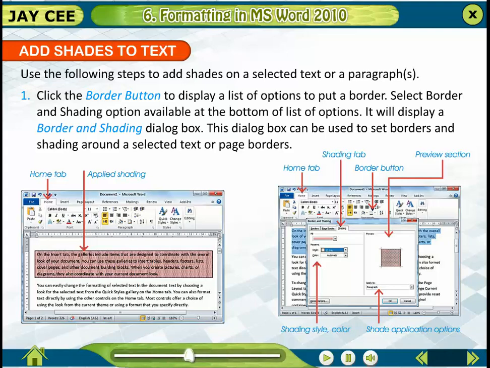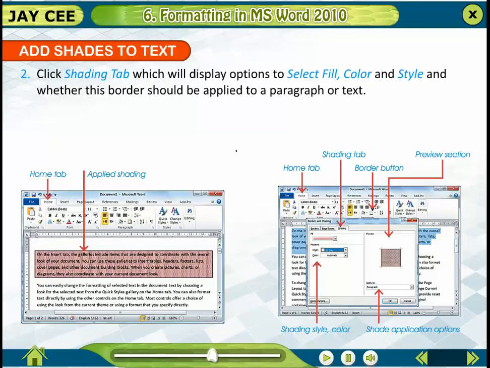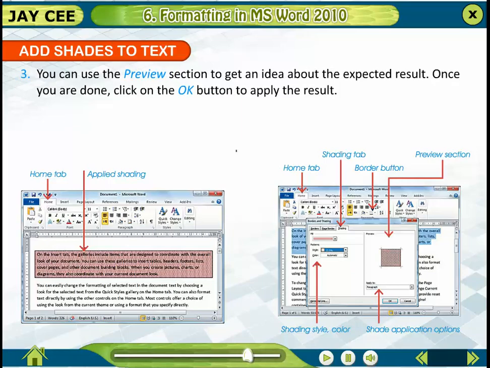This dialog box can be used to set borders and shading around a selected text or page borders. Click Shading tab, which will display options to select fill, color, and style, and whether this border should be applied to a paragraph or text. You can use the preview section to get an idea about the expected result. Once you are done, click on the OK button to apply the result.